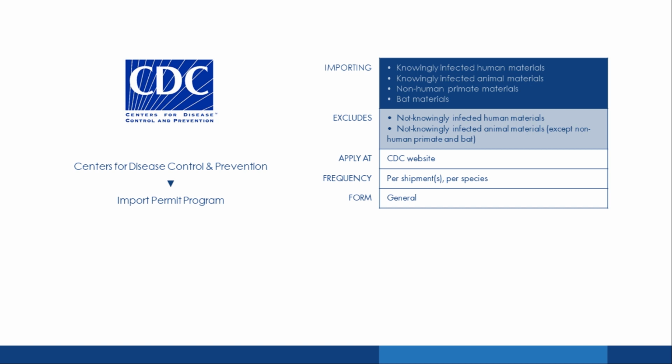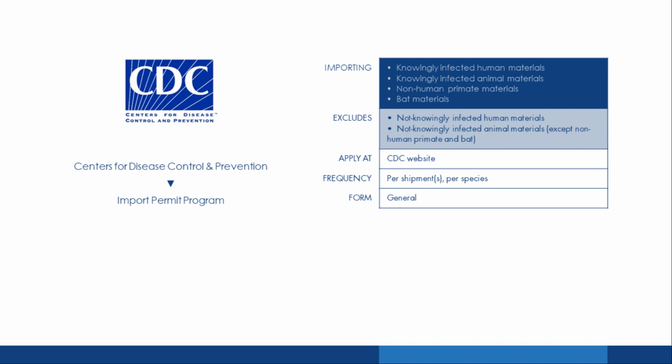They concern themselves with NHP materials and bat materials because those species are able to transmit diseases more readily into humans than a lot of other species. They do not concern themselves with not knowingly infected human materials and not knowingly infected animal materials.